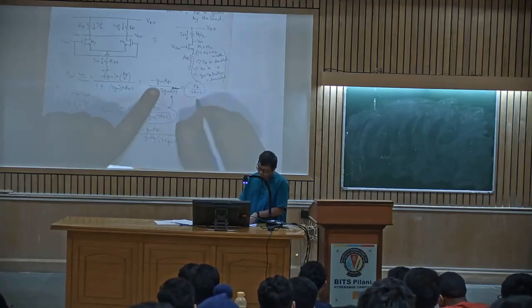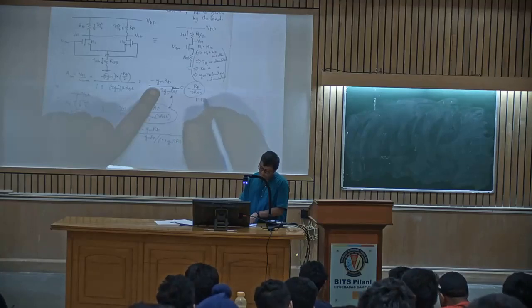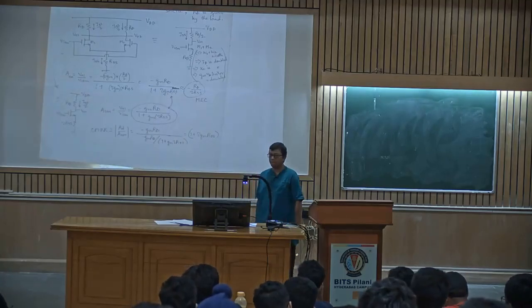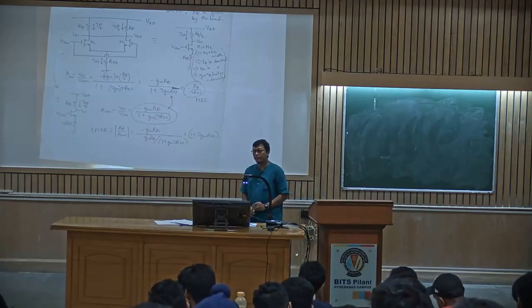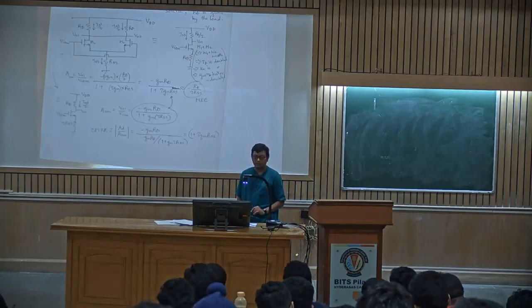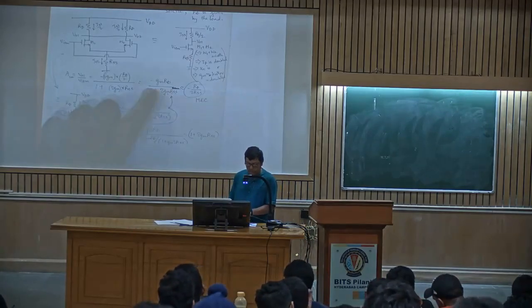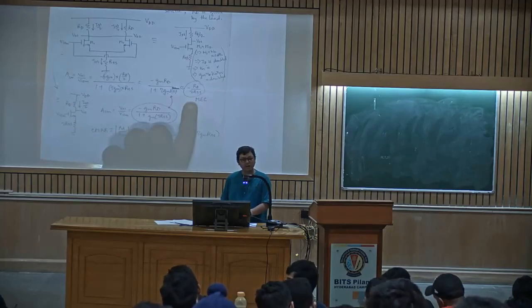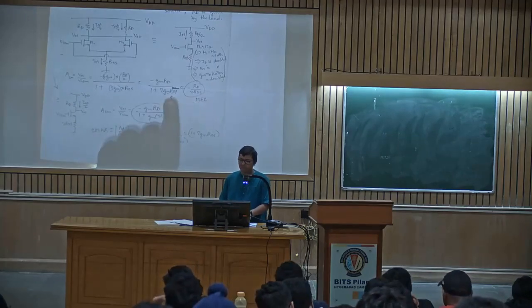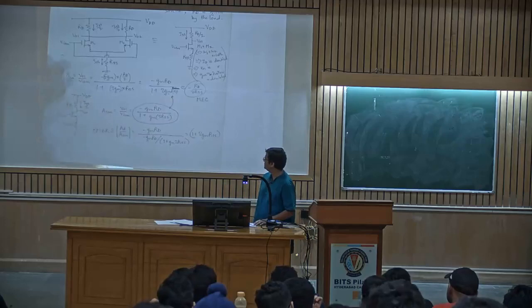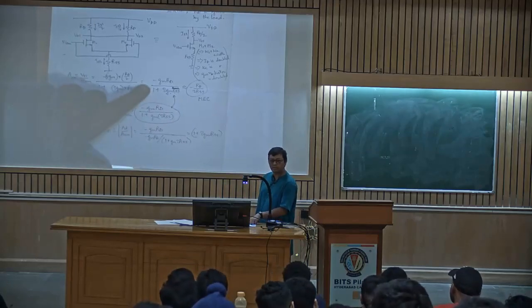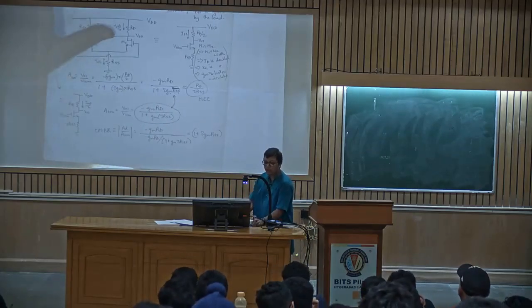This you will find in MEC. But this approximation is perfectly fine for larger devices. In smaller devices, it will be dicey. You should not take this approximation. I will give the full expression. All right.